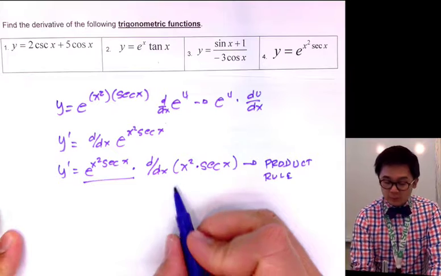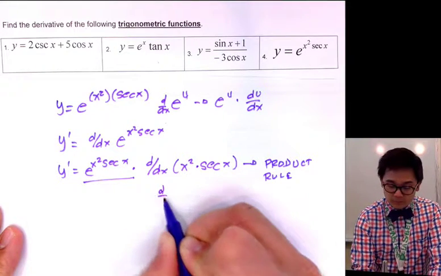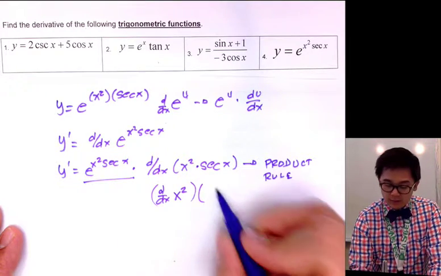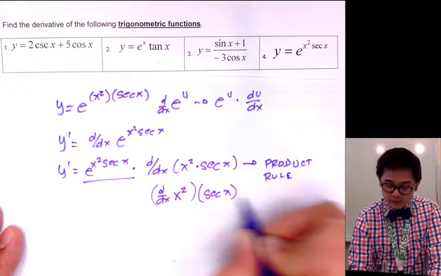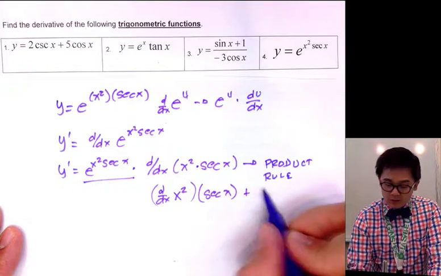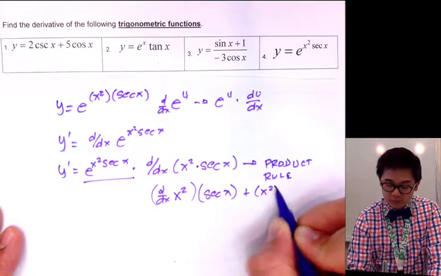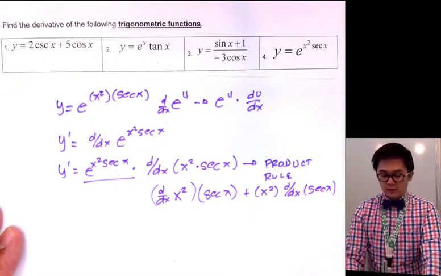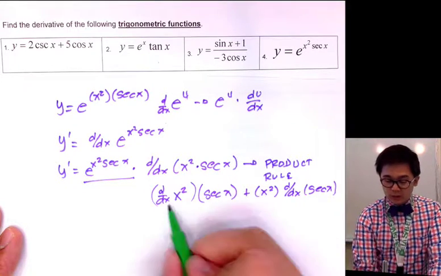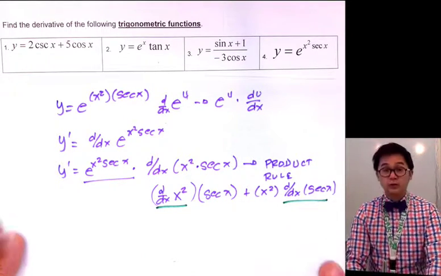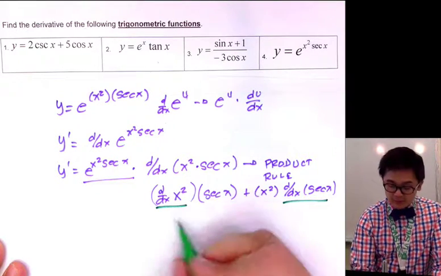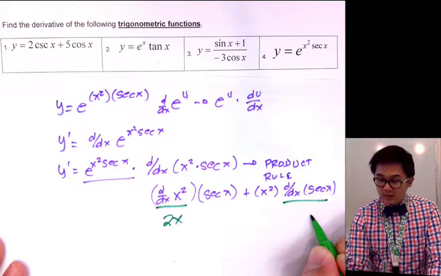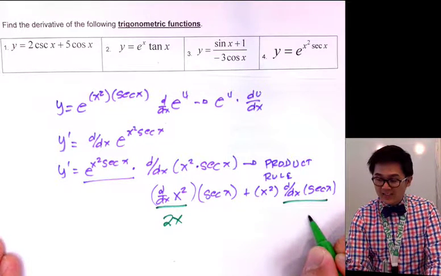So we'll start with the derivative of x squared times the copy of secant x, added to the copy of the first term multiplied by the derivative of secant x. In this case, we're working on the derivative of these two functions. So we'll have 2x right here. And we know that the derivative of secant x is simply secant x tangent x.